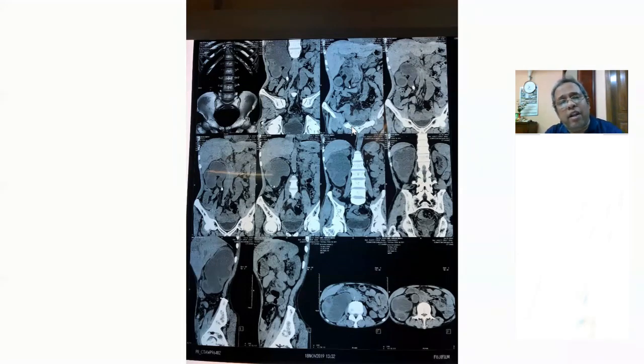In the CT scan of the KUB region, first the CT scan is done without contrast. Then contrast is pushed and the subsequent film is called the contrast CT, CECT, contrast enhanced CT scan of the urinary system. So this is a plain CT KUB.